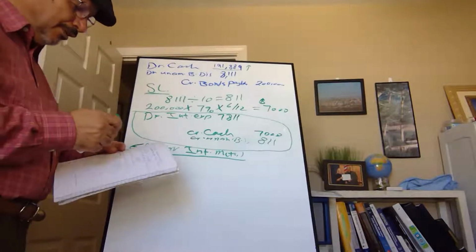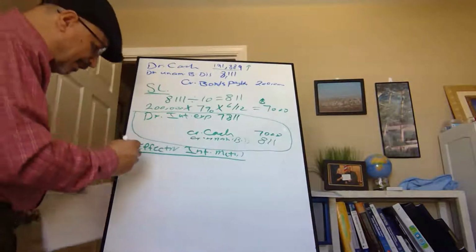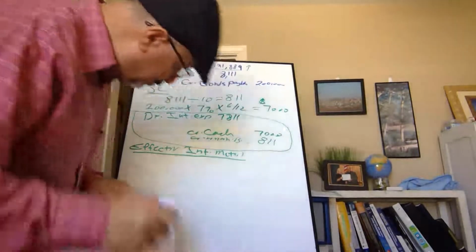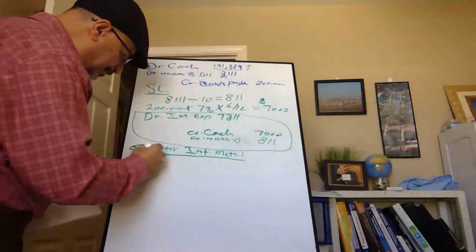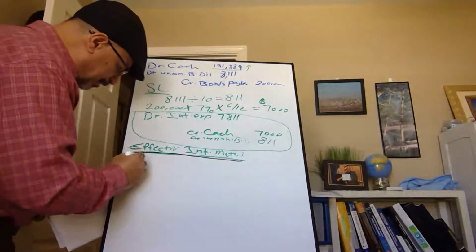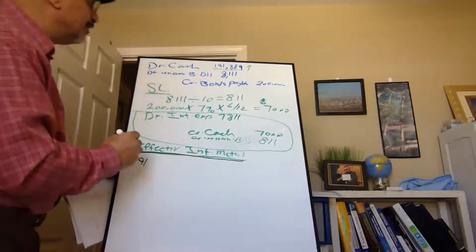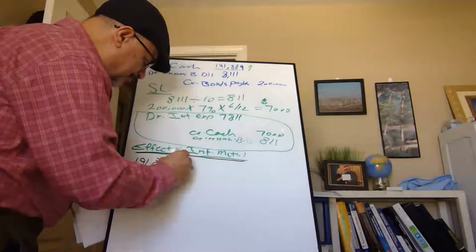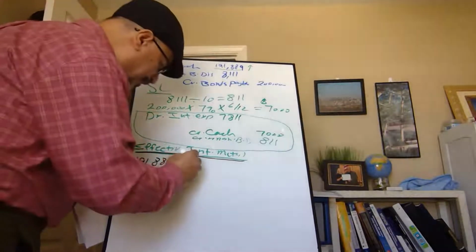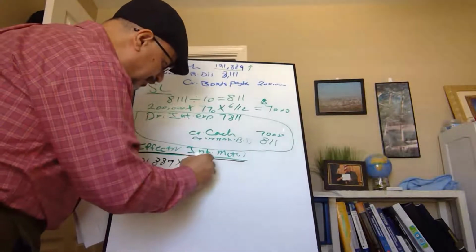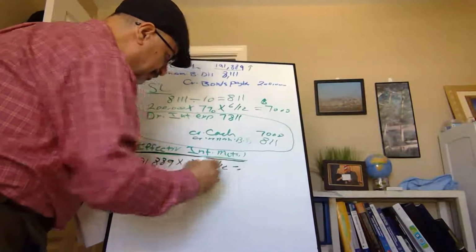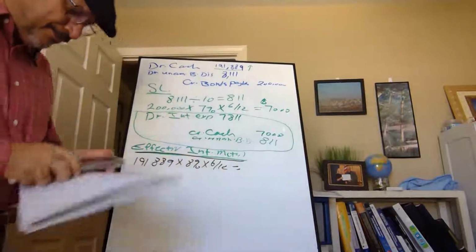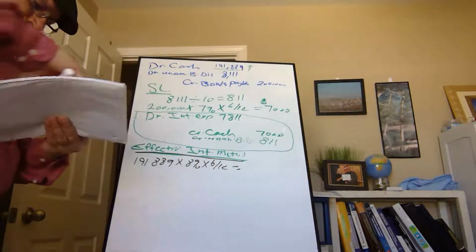So we're going to say 191. Okay, let me use a different color. We are using the effective interest method. We're going to say 191,889 times the market interest rate, 8%, times 6/12. I am using the calculator.